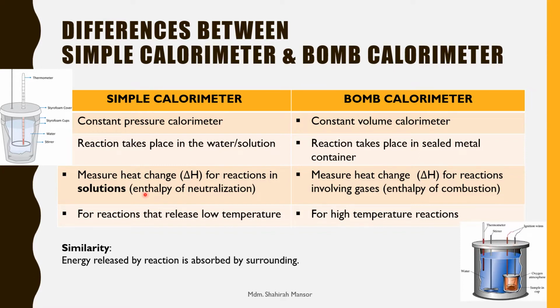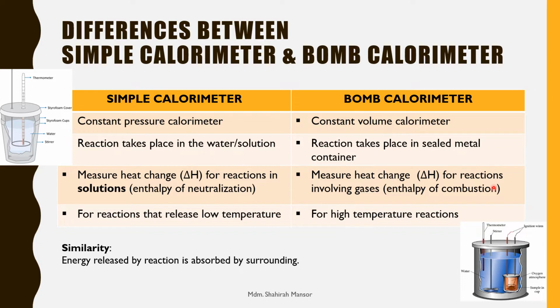Alright. And for simple calorimeter, this calorimeter will measure the heat change for reactions in solutions. So basically, this is about enthalpy of neutralization. So for the simple calorimeter, it is best used to identify the enthalpy of neutralization.